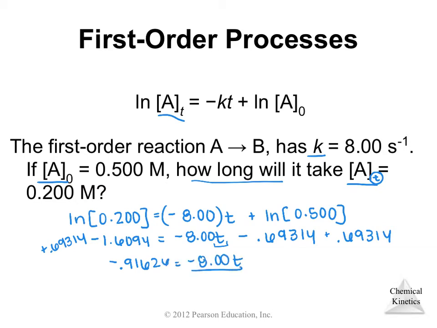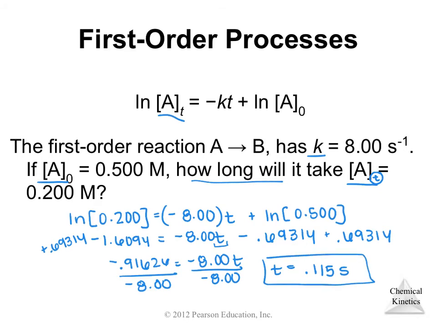So to get t by itself, I'm going to divide by negative 8. And we get a time of 0.115 seconds, with 3 sig figs, which when we're talking about reactions, less than a second makes sense for a change in concentration, especially one that is pretty fast here.